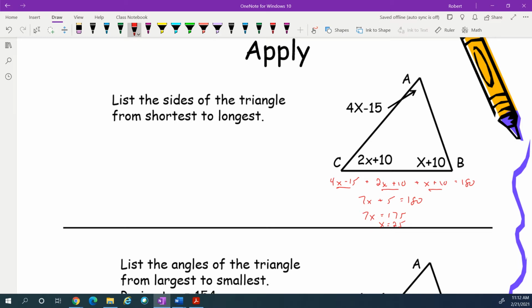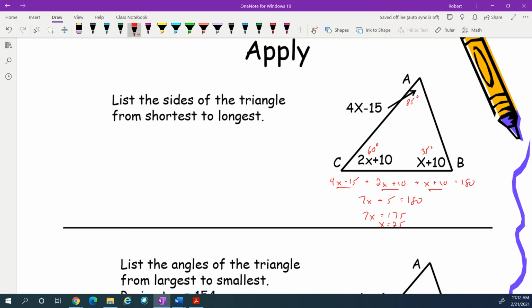So for angle A, we've got 4 times 25 is 100 minus 15. So this is an 85-degree angle. Let me rewrite that a little neater. 85 degrees. Angle B looks like 35 degrees, and angle C 60 degrees. Now I might want to add those up, make sure that they really do add to 180, just to make sure.